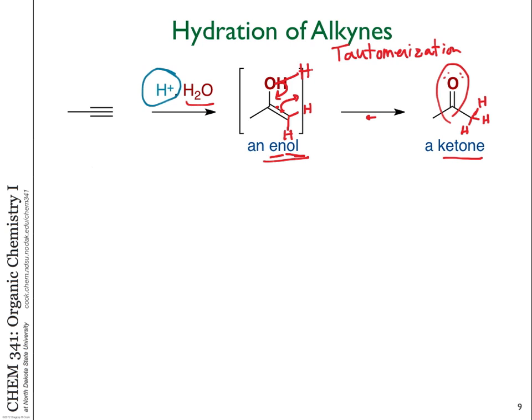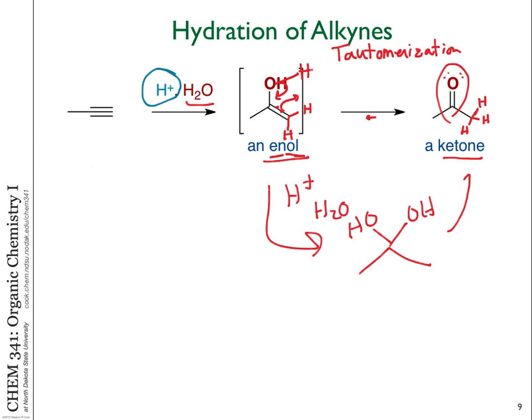If you think about adding H plus and H2O, this is not reality necessarily. Well, maybe it could. You could get to this, and that's two bonds to oxygen, and if you lose one molecule of water, you end up with a CO double bond.